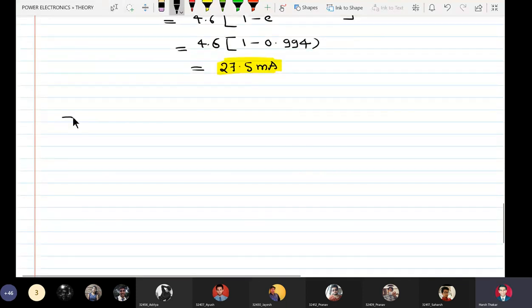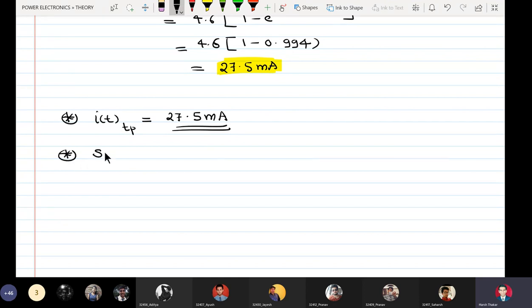So we can write that I of t during the pulse duration is equal to 27.5 milliamperes. So SCR will latch only if the value of latching current is less than 27.5 milliampere. This is the answer.